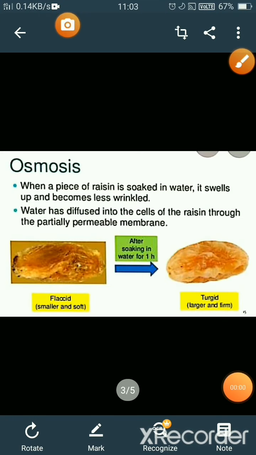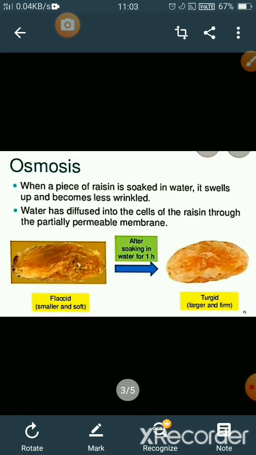So here, by an activity, we can observe the osmosis process. When we take a raisin and soak it in water for some hours, it will swell up and become less wrinkled. This is because of the osmosis process.